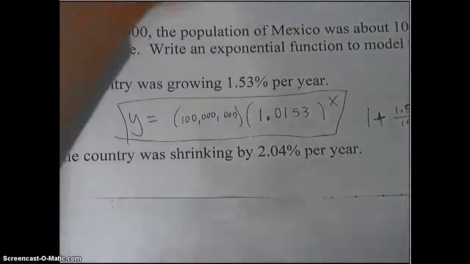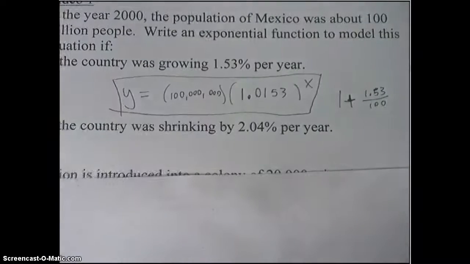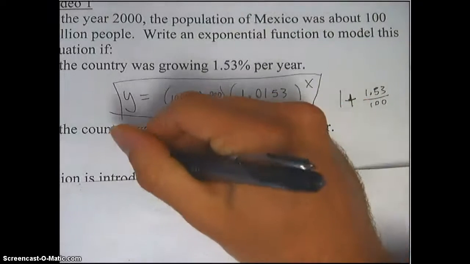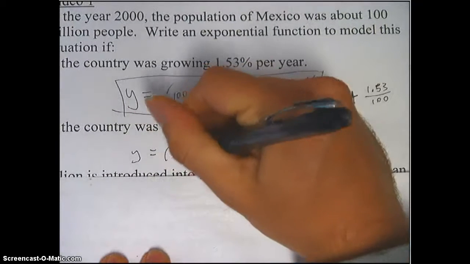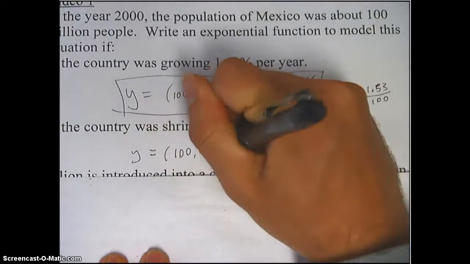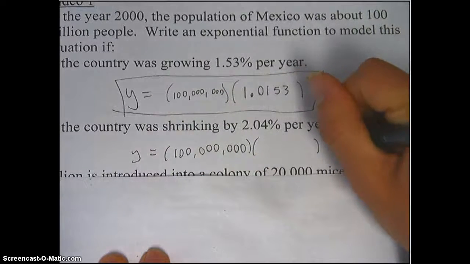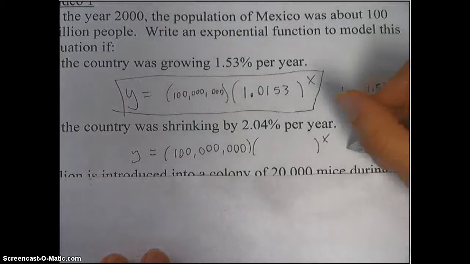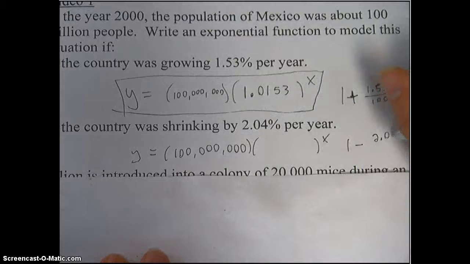Now, if the country's shrinking by 2.04% per year, that's going to be an exponential decay equation. And it's going to be y equals the same. It still starts at 100 million. But now my decay factor is going to be something different. And the way I like to think about that is 1 minus the percentage, 2.04, divided by 100.